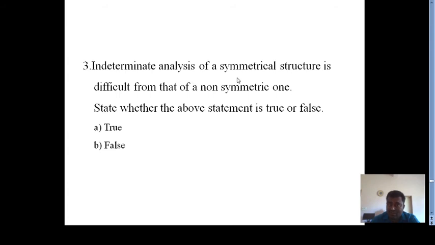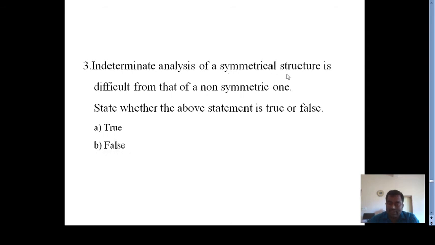If your member is symmetrical in matrix form, it is very easy to solve. There is no difficulty in solving this problem. Therefore your answer is false.